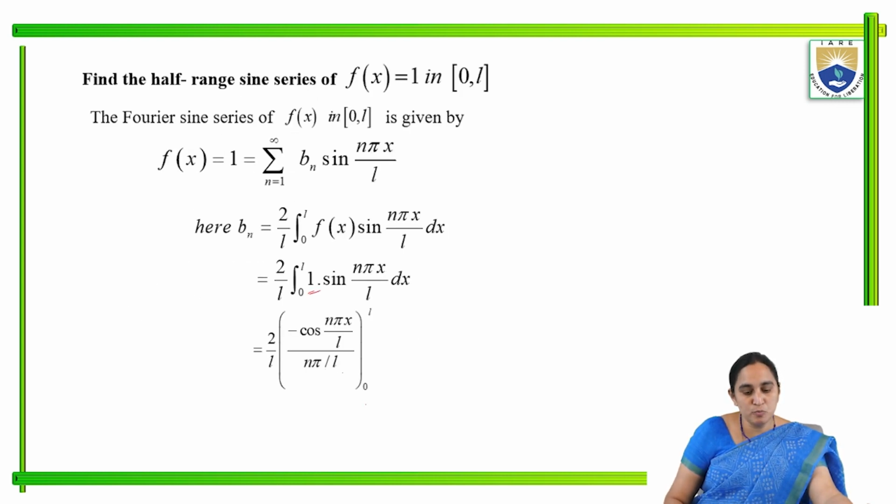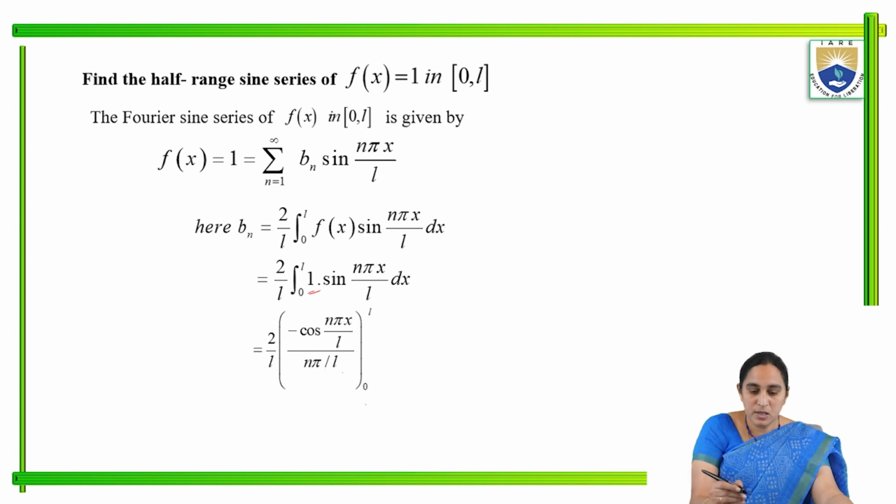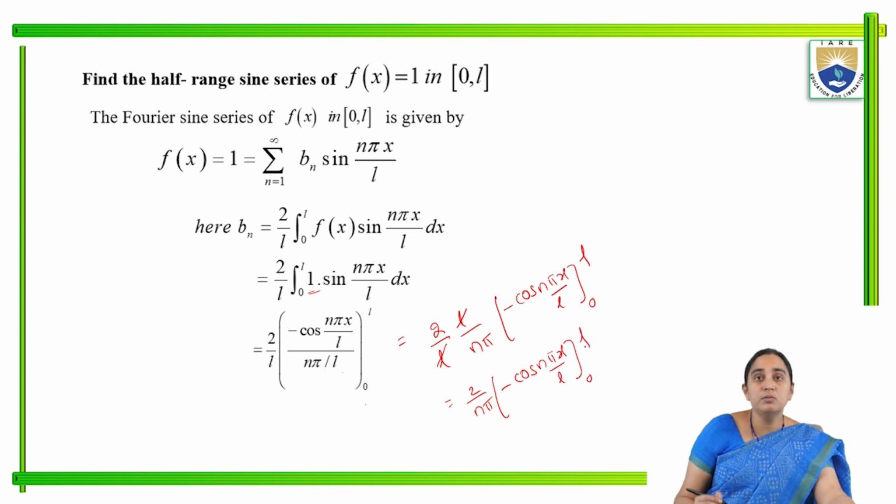The L's cancel, so that is 2 by n pi into minus cos(n pi x by L), limits 0 to L.